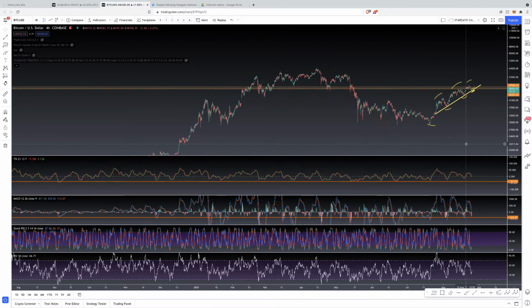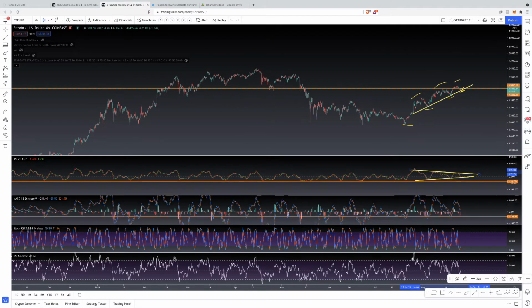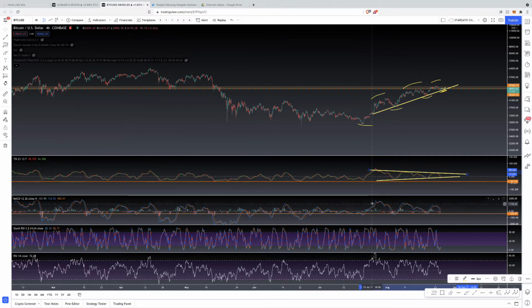On the 4-hour time frame, we're seeing the TSI kind of making a wedge right here, where we have that and we have this. And see how we can do trend lines with the chart? We can also do trend lines with the below indicators, and we can see the same kind of pattern playing out here, where it comes up, makes a little dip down, pops up, and then falls through, comes up, makes a little dip down, comes up, falls through, and then it falls on this level right here, then it comes up, little dip down, pops up, falls through.